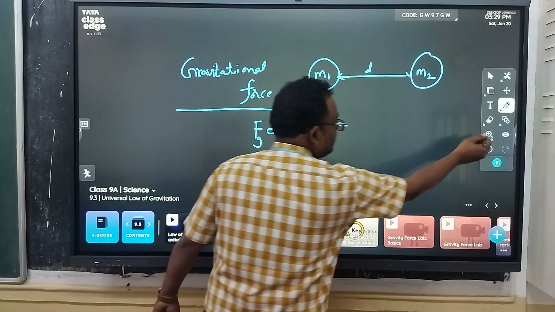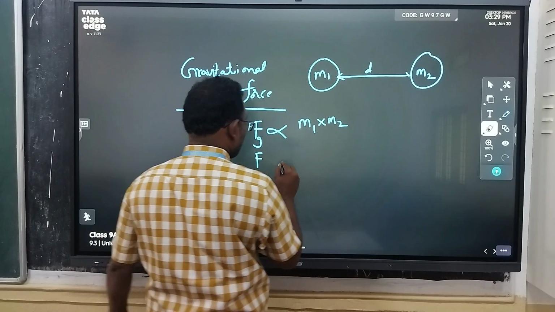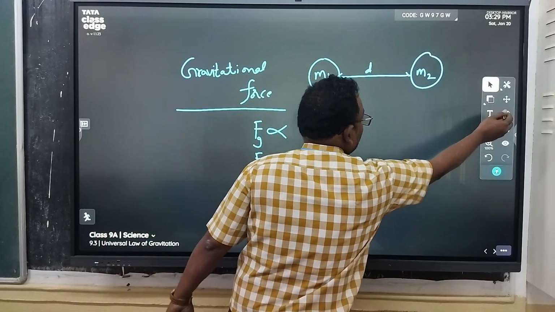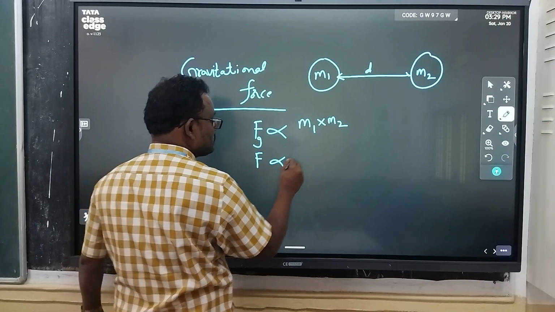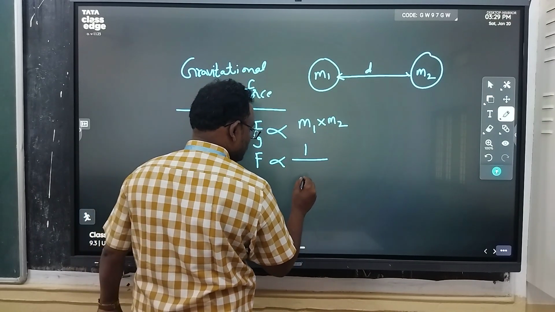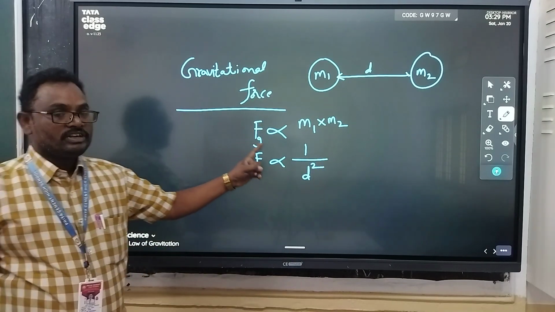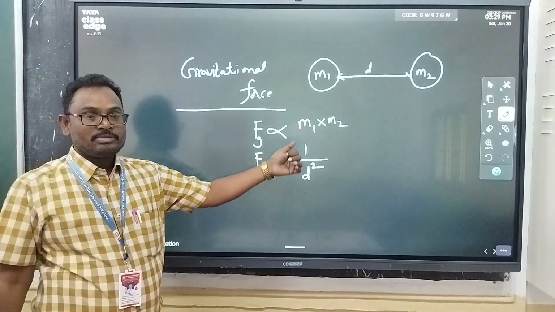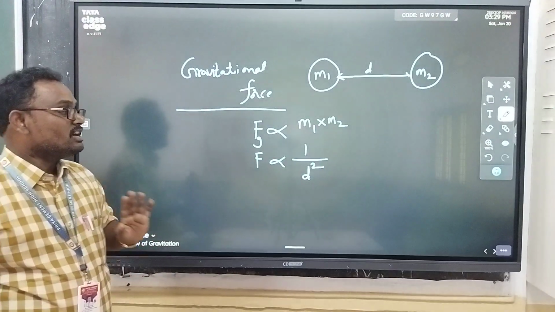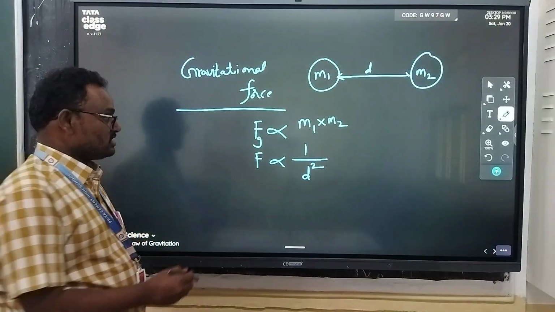The force of gravity is inversely proportional to the square of the distance. The force of gravity between two bodies is directly proportional to the product of the masses of the bodies and inversely proportional to the square of the distance.